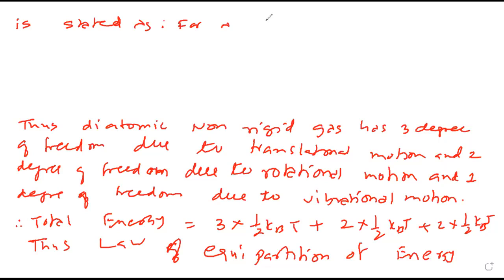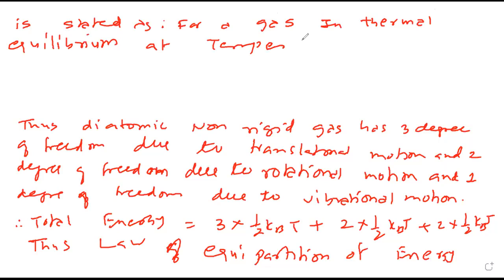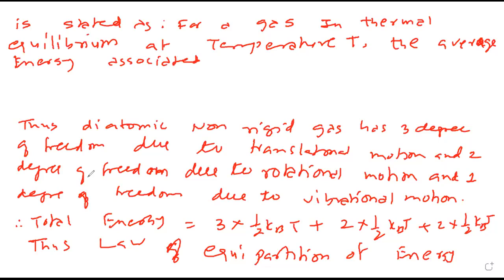Stated as: for a gas in thermal equilibrium at temperature capital T, the average energy associated for each quadratic term is half kBT.